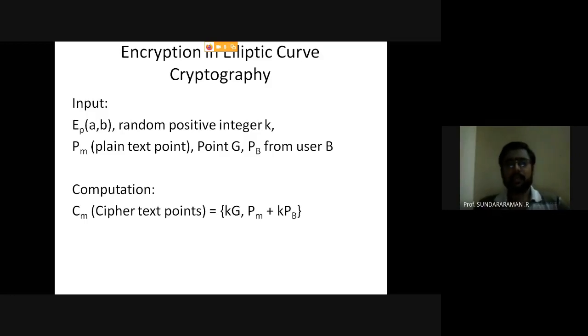This slide explains the basic inputs required for performing encryption in ECC, and what kind of mathematical computations are required. Basically, if you want to perform encryption in ECC, the input part contains the required elements. First, we must know on what curve the encryption process needs to be carried out.